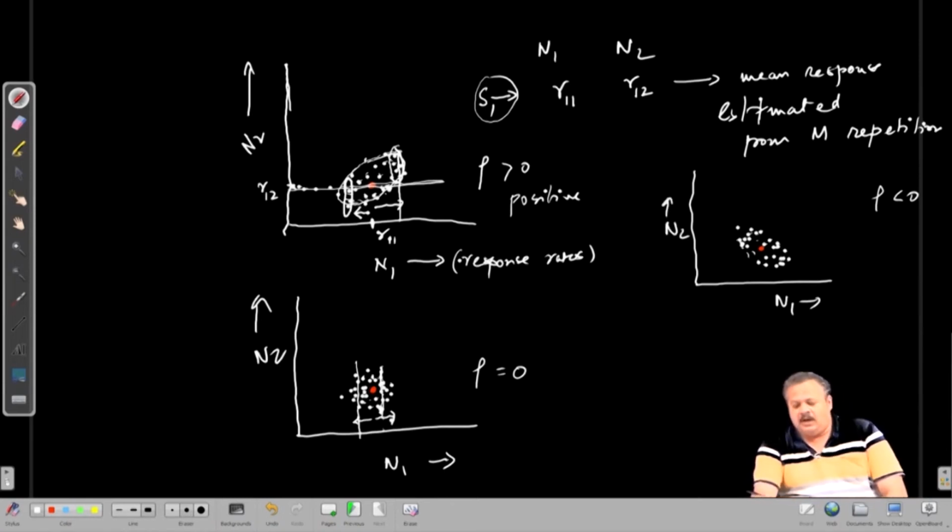We have a tendency of opposite variations around the mean of N1 and N2, and so the correlation coefficient of these pairs of data is going to be negative. So, this rho, calculated based on the pairs of responses in each trial, is what we call the noise correlations.